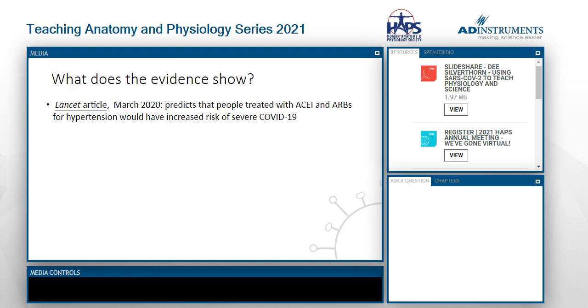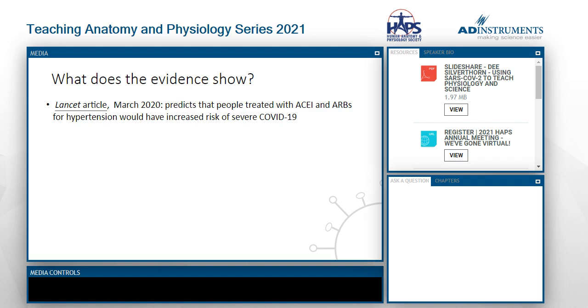So it turns out about a year ago, there was an article in The Lancet that came out that was predicting, based on the physiology we've just talked about, that people who were being treated for hypertension with ACE inhibitors and ARBs would have an increased risk of severe COVID-19 because they would have a higher viral load. And this created great consternation. Patients were calling their doctors and saying, should I stop taking my drugs? Doctors didn't know what to answer because it was an unknown at that time.